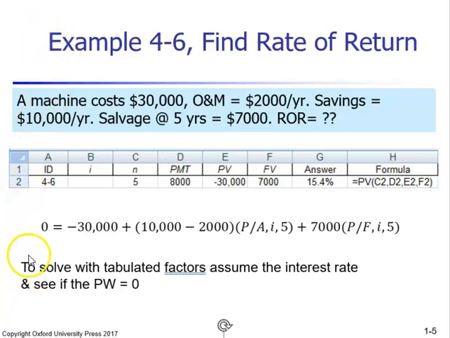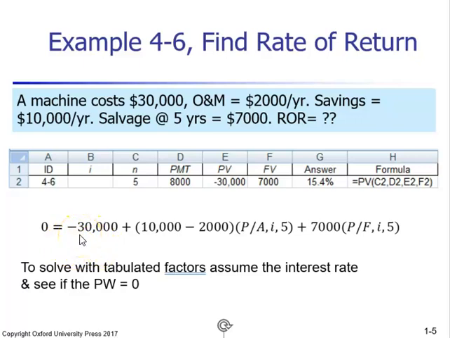Here you see another way of doing this challenge with the PV function, but the way we did it, I believe, was the easiest way, and you don't need to go through all these things. But both are equivalent, because here it is saying that all the present values should be equivalent, so the result would be 0.